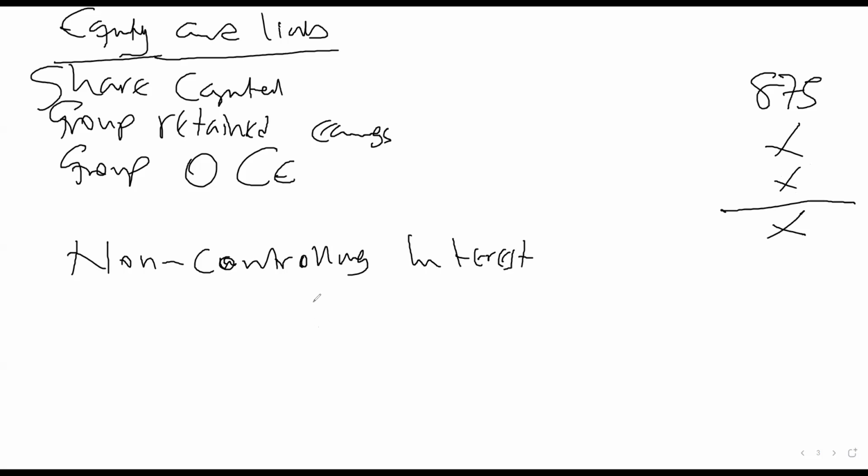However, it's an equity liability. It is the portion of the total asset that belongs to other groups, an amount of the net asset that belongs to other minority interest. You see, in the olden days, we called them minority or inferior.